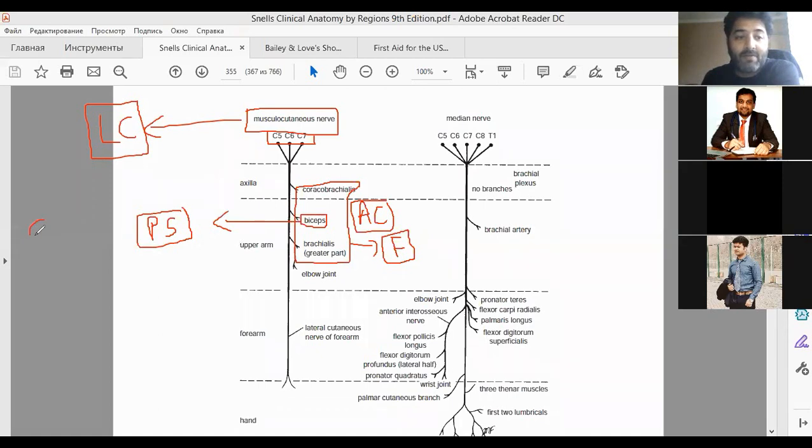Please remember, if anyone asks which muscles are concerned with supination, two muscles are concerned: one is the biceps, the second is the supinator muscle. Together, these are your two main supinators, which make your hand face upward.